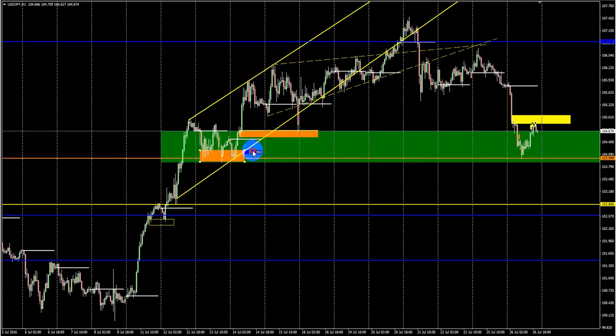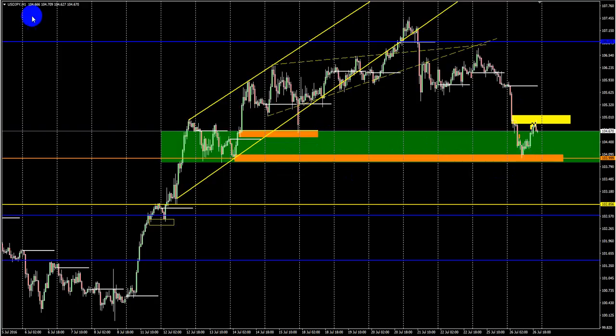The very important thing is that, as you may see here, I would go that way, that's going to be the best. As I mentioned a second ago, we hit the demand based on the daily, but what's important is that we also hit intraday demand within this daily demand.